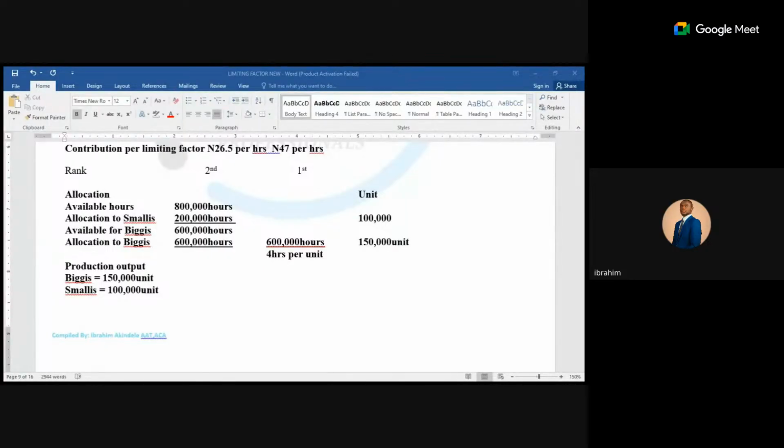Now, from this allocation, for smallies we can give everything to smallies. But we can't allocate everything for biggies because there is a constraint. Although machine time is the scarce resource, because there is a constraint in the production of that particular product, we don't have enough resources.